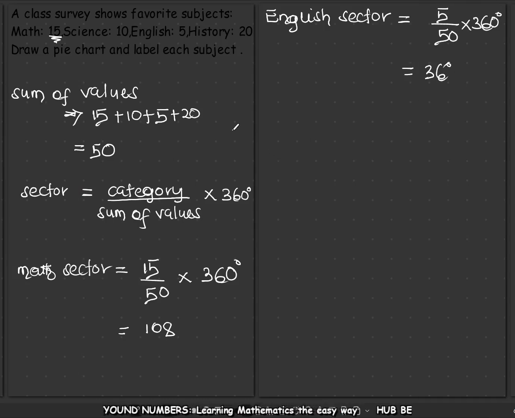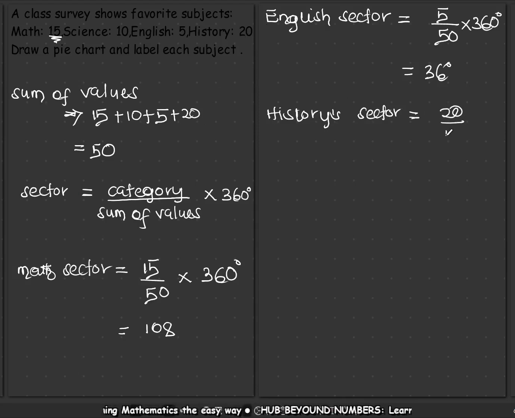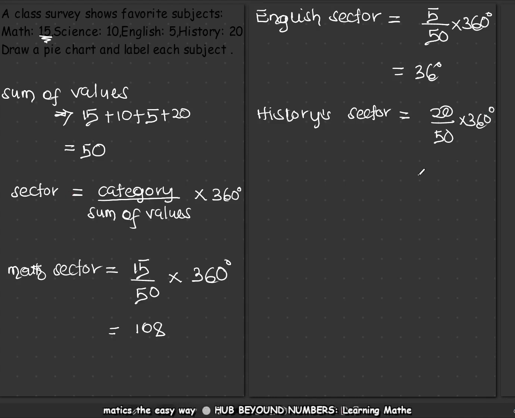Then we go to the next one, history. The history sector is going to be 20 over 50 times 360, and that gives us 144 degrees.